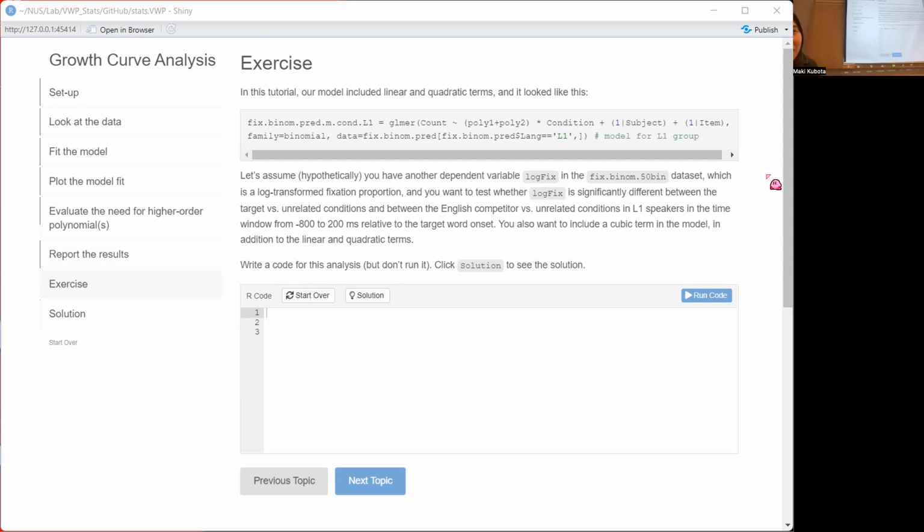If you want to know how early the effect started to occur, the divergence effect, the divergence point analysis is better. If you just want to know whether the peak differs between the two conditions, then growth curve analysis can do that. But does that mean different in terms of how high the peak is?